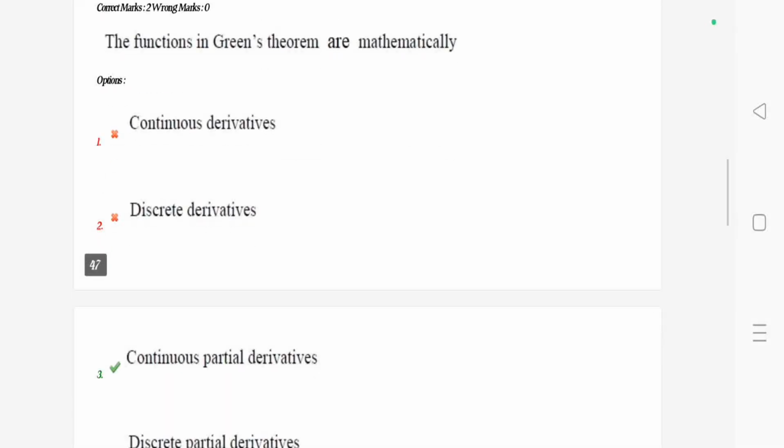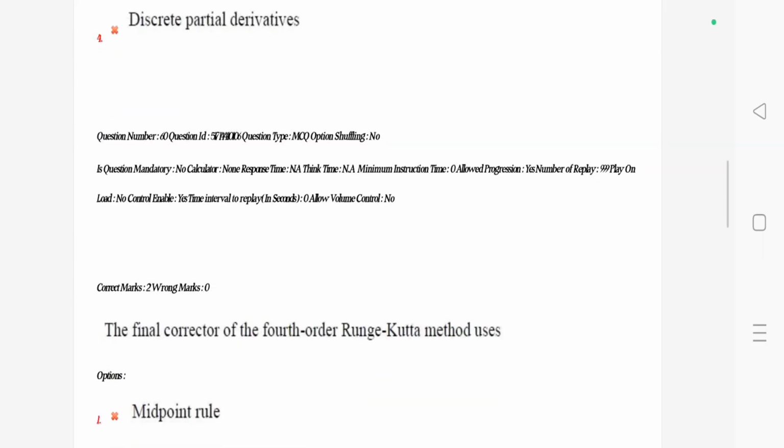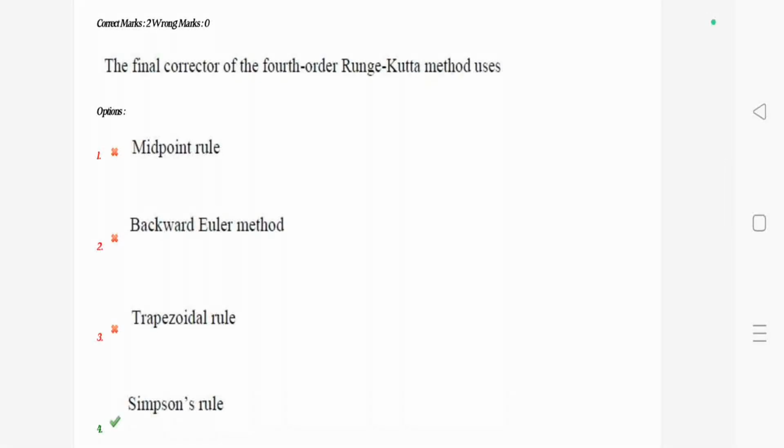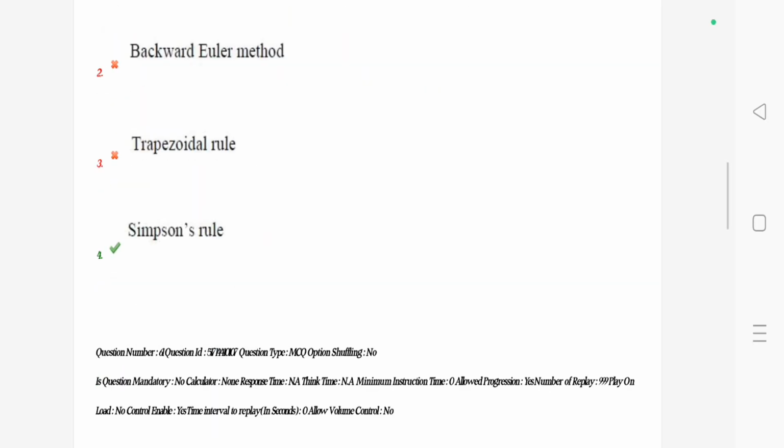Now next question. The functions in Green's theorem are mathematically continuous partial derivatives. Next question. The final stage of fourth order Runge-Kutta method uses Simpson's rule.